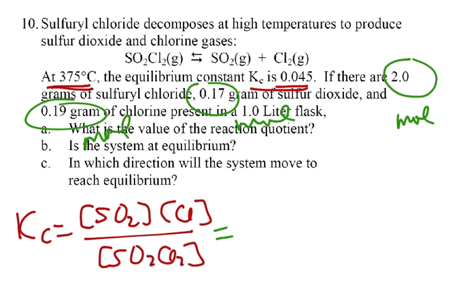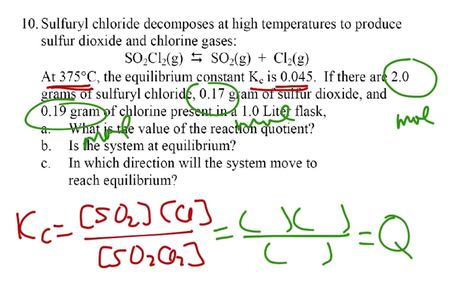Before you substitute numbers in to get our Q, we're going to have moles divided by 1 liter, so molarities. That's a very simple task, just another extra step you have to do, and I'm going to leave that for you to look at. Change the grams to moles using the molar masses, which you have to figure out for each chemical, and then put them in and compare Q versus K.